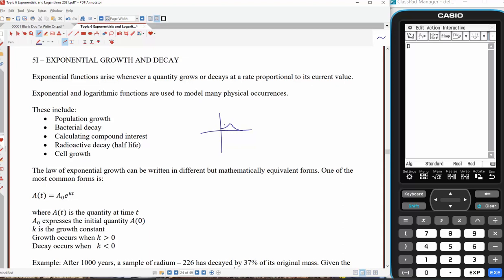They've used mathematics to do this, and the decision has been made to, in the end, lock us down. So what are some of the other things that follow an exponential or a log model? Population growth, bacterial decay, compound interest, radioactive decay, and cell growth.